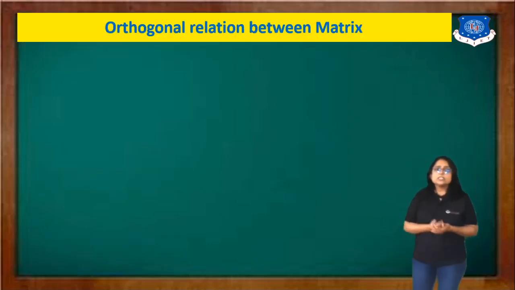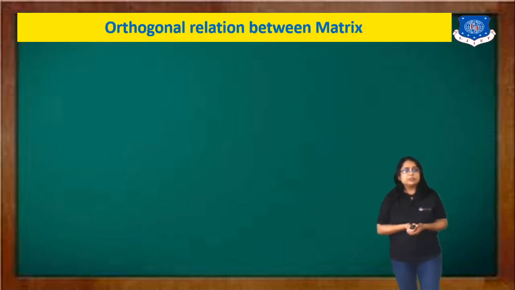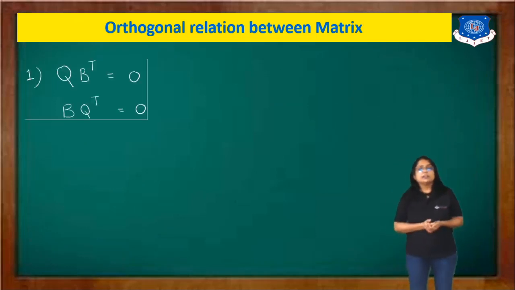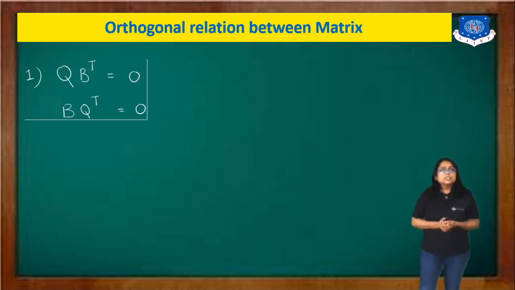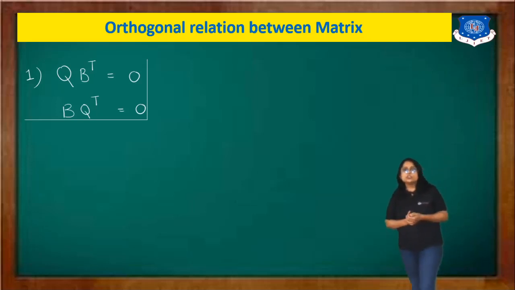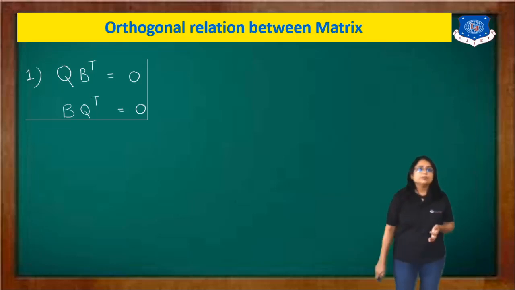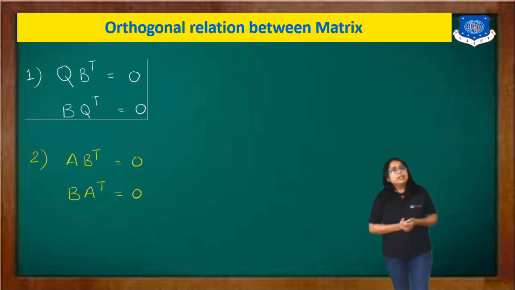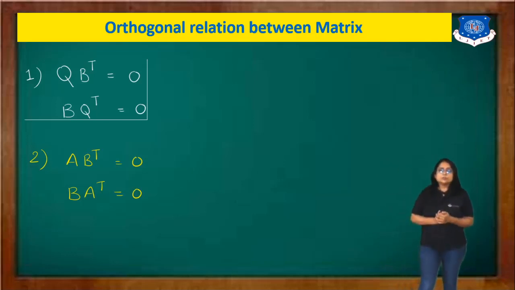Now the next topic is the orthogonal relation between matrices. First we will see the relation between the cut set and tie-set matrix. That is Q into B transpose equal to 0, or B into Q transpose equal to 0. The second is A B transpose equal to 0 and B A transpose equal to 0.